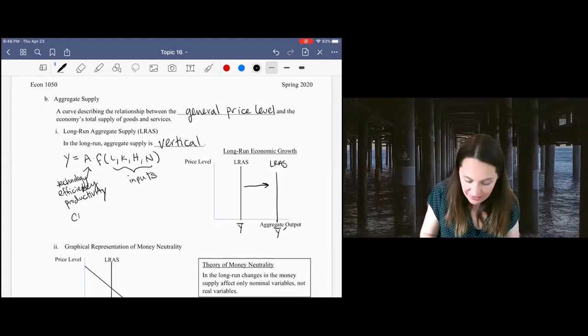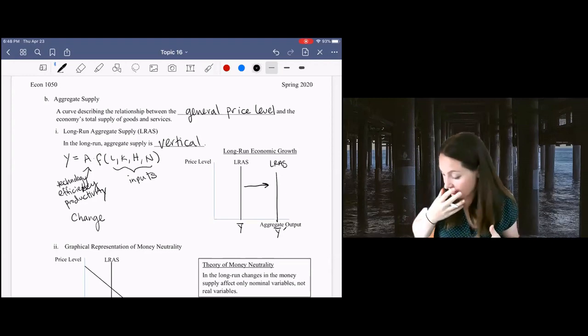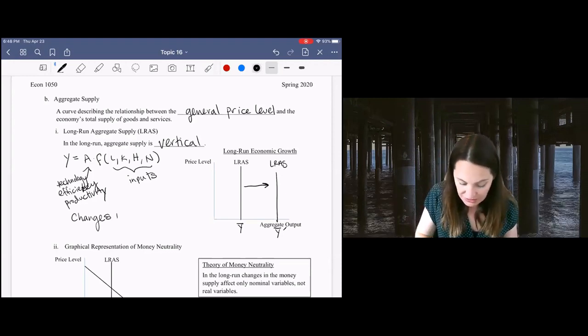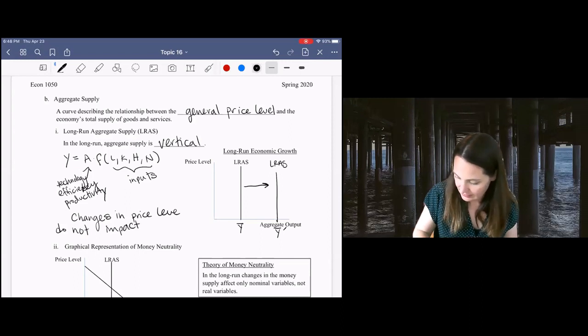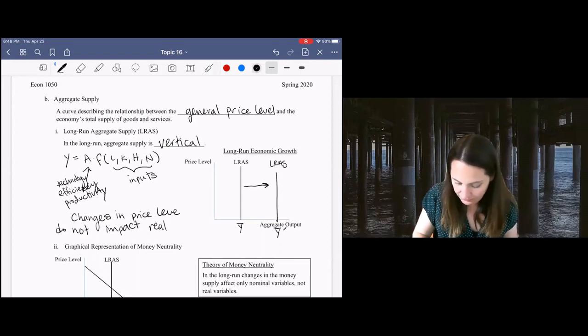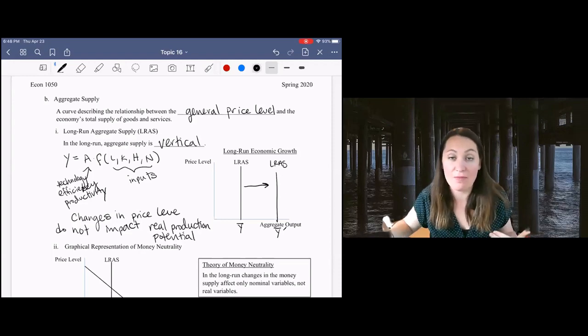What does not affect our level of output is the price level. So changes in the price level do not impact real production potential, right? We're literally talking about here, how much can we produce?